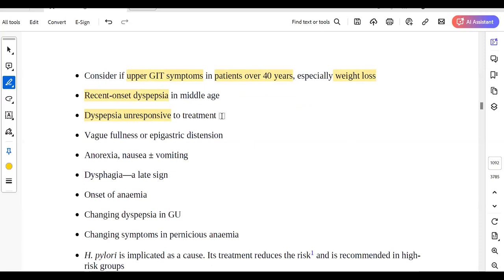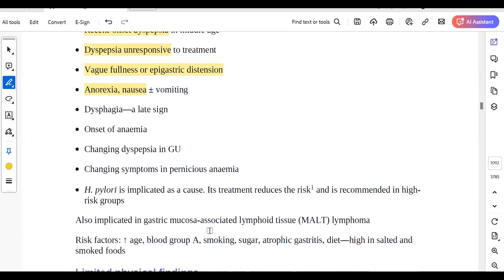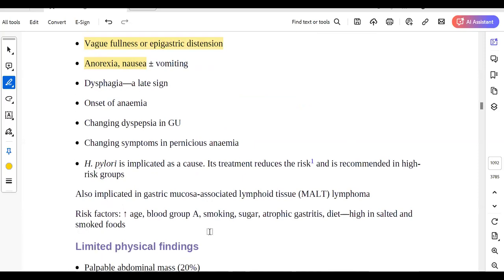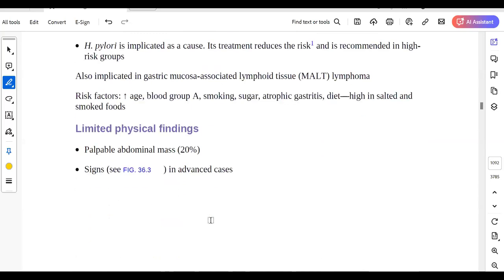So basically, if a more than 40-year-old suddenly comes to you with indigestion, anorexia, weight loss, and vague epigastric fullness, you would be concerned about a stomach cancer. Okay, so definitely you need to send the patient for an endoscopy. Endoscopy will be able to confirm the diagnosis.